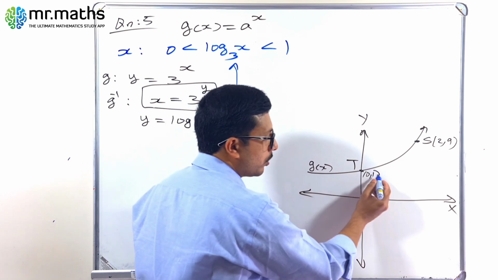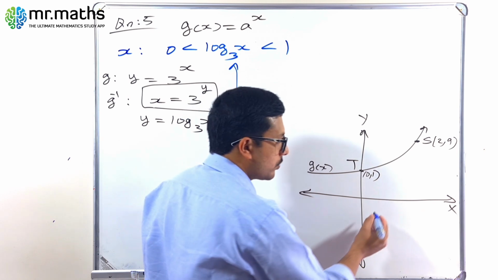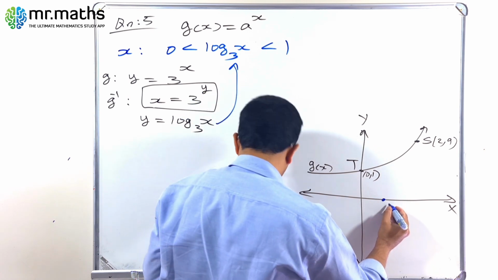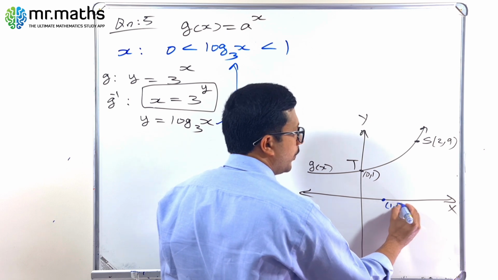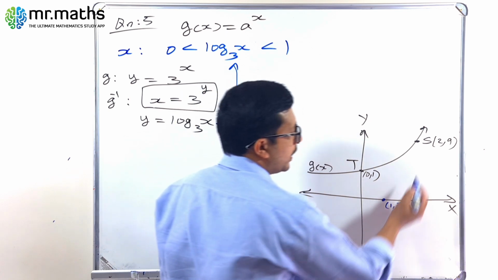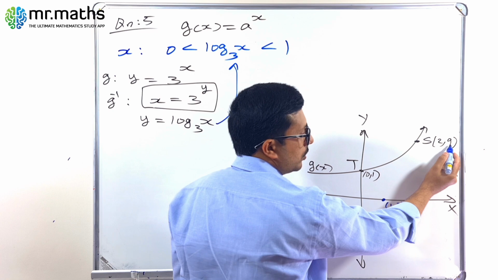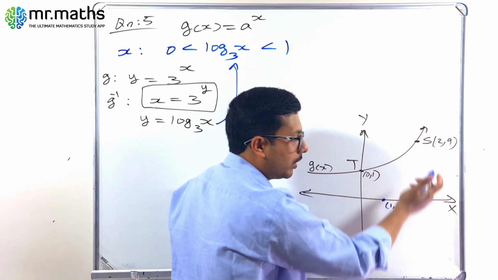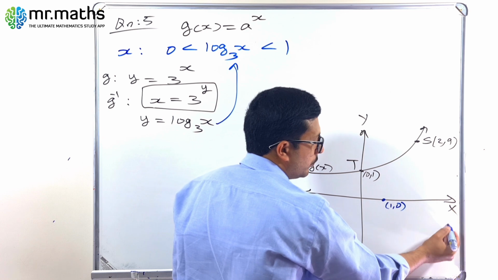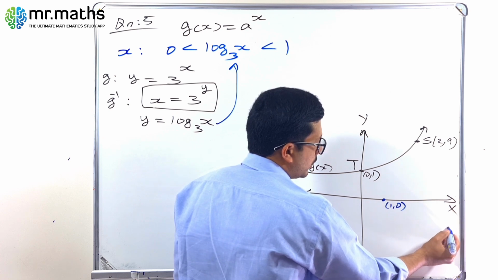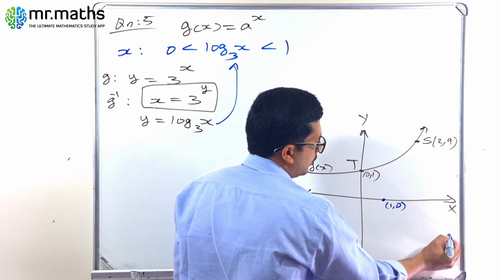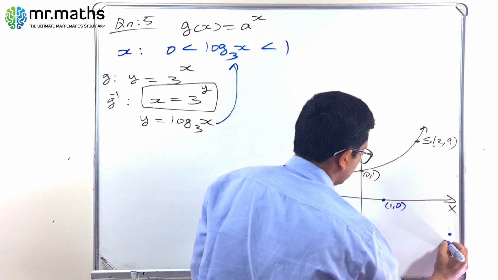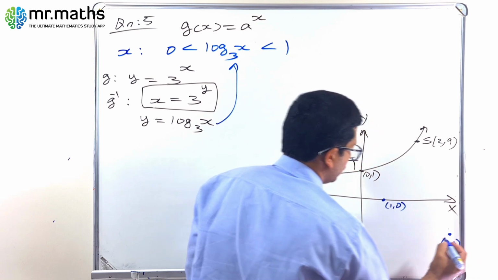Here it is 0 comma 1, so on the inverse graph it is 1 comma 0. And also 2 comma 9 becomes 9 comma 2 on the inverse graph.